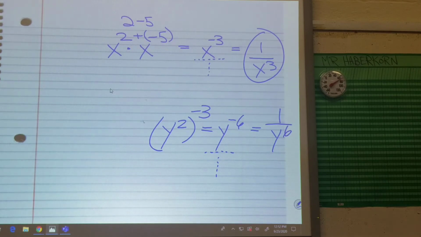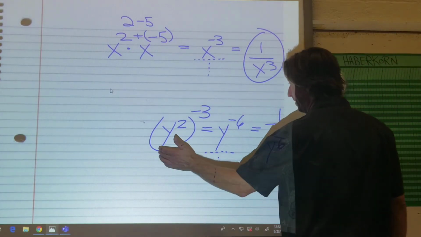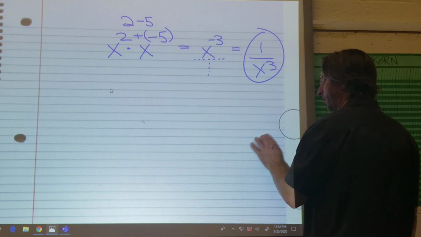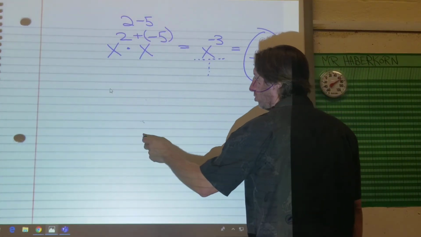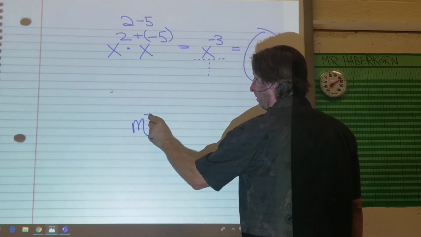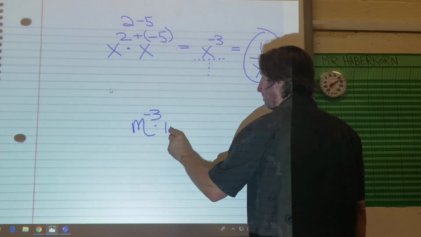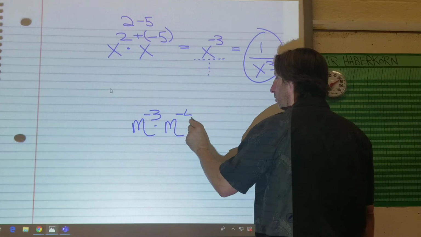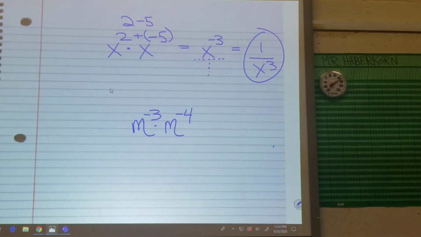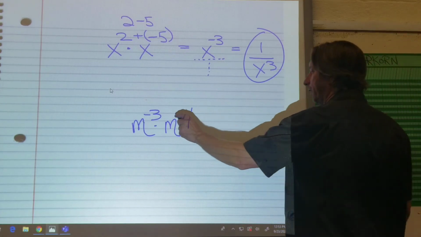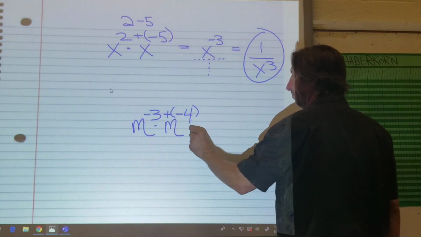All right, let's look at one more. To make sure we got this, there's a lot of stuff with this. You have to remember your negative rules from last year or else you're sunk. Okay? So the negative 3 times m to the negative 4. Well, this one, there's a bunch of ways to do it. I could just say negative 3 plus negative 4.